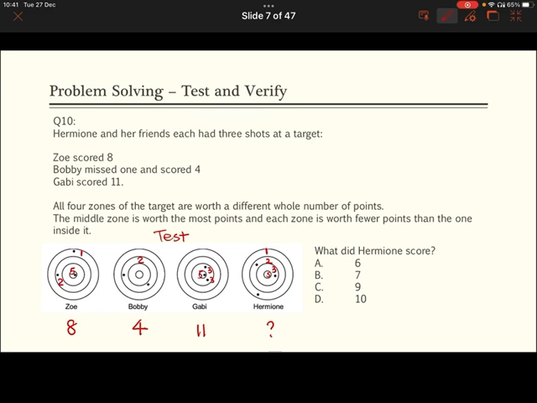So this pattern works for Zoe, for Bobby, and for Gabi. It all works. That is how we get it. Then we try to use the pattern we found and apply it on Hermione to see if that is true. The score that Hermione got will be 3 plus 2 plus 1 that equals 6.